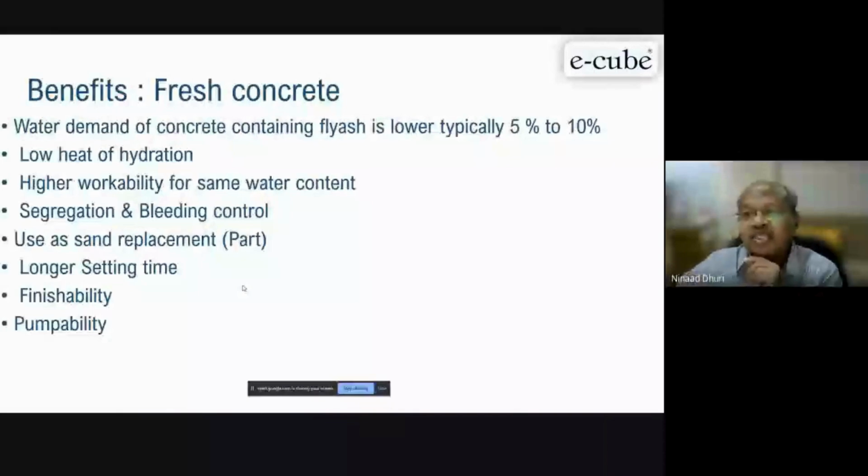So by the time 6 months, 8 months, or 1 year, your concrete will achieve your design level of strength. There's no point in insisting on 28 days strength at 28 days for foundations. Slab, I can understand, we have to de-shutter or something. But foundation, why? All your foundations can be designed for 90 days or 60 days. Possible?